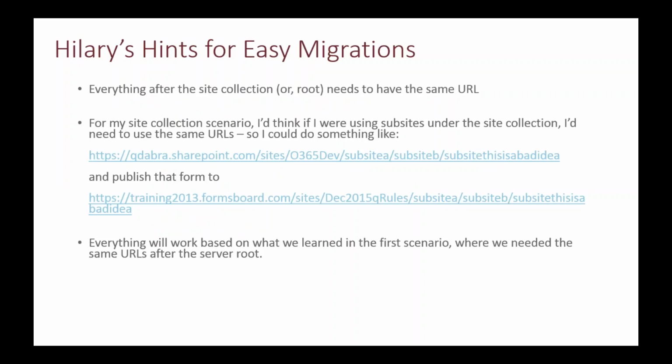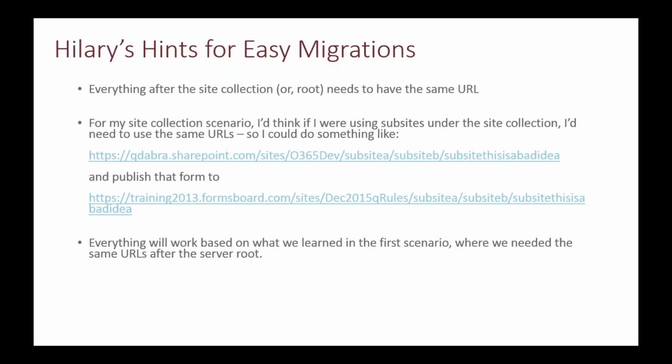For Hilary's site collection scenario, she's using subsites under the site collection, so she did something basically like you saw there, and everything works because the same URLs after the server are preserved. But in the different site collection too, the structure is the same. You see that there's the same depth, would you say, Hilary, for the top versus the bottom?